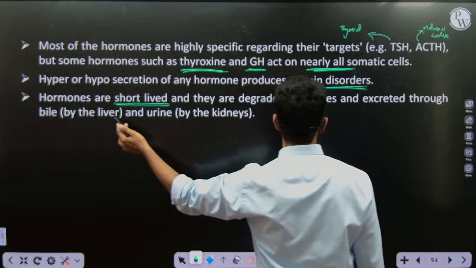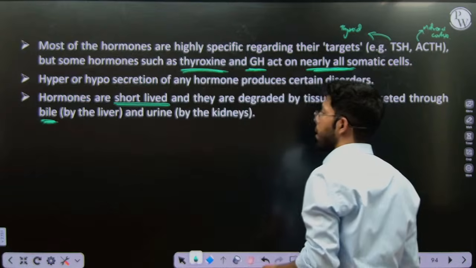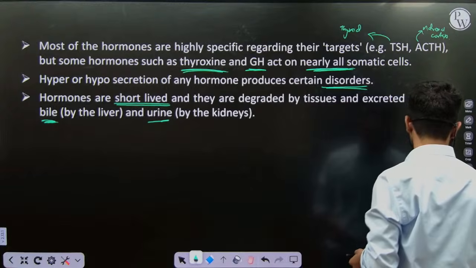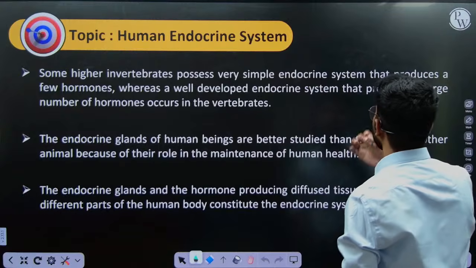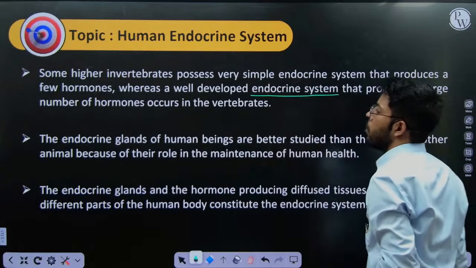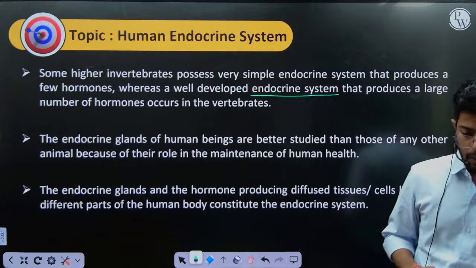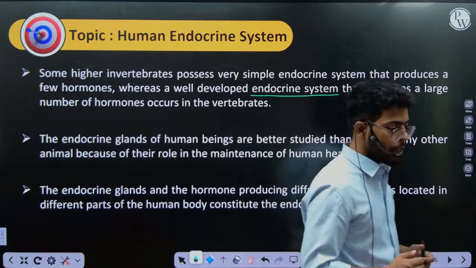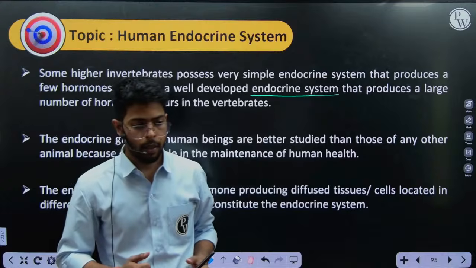First they are degraded by the liver, and in vertebrates there are many hormones which alter the physiology. For example, after reaching the age of puberty, the GnRH will be released for the first time from the hypothalamus.